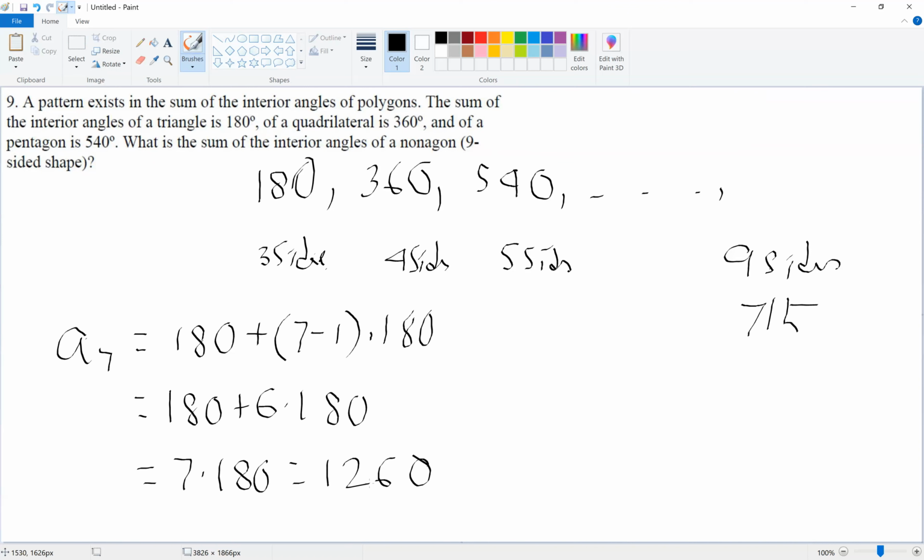Yep. So 180 plus 6 times 180, which is 7 times 180, which is 1260. Oh, okay. That's it. That's good.